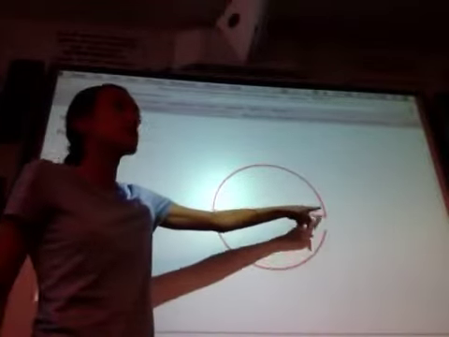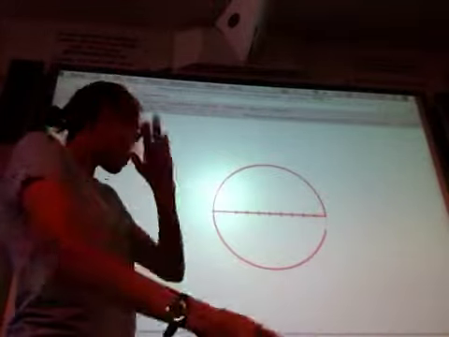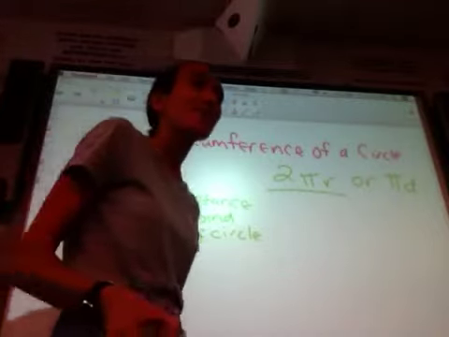So I'm going to pull the diameters off. 3. 3, and does it quite work? No. 3.14.